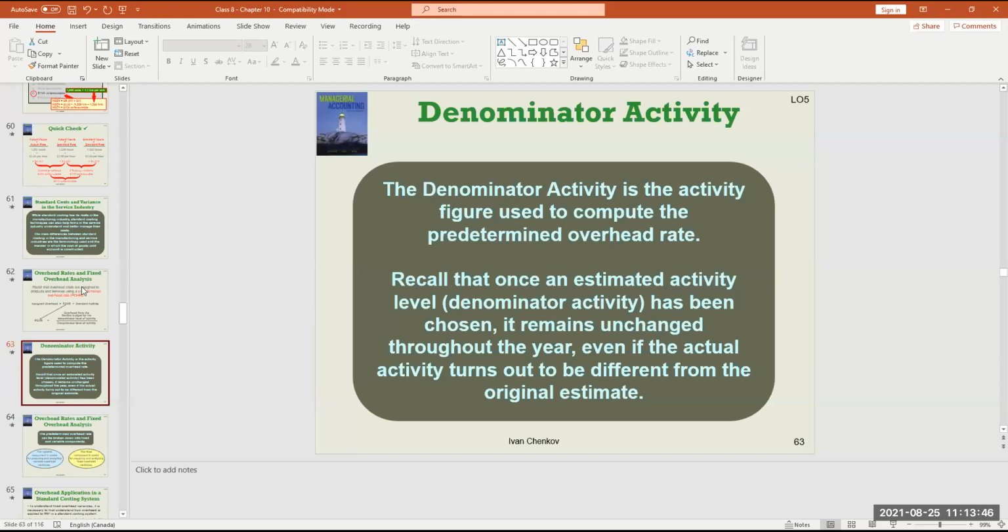The denominator activity, which is the allocation base, is the activity figure used to compute the predetermined manufacturing overhead rate. Once chosen, the estimated or denominator activity level remains unchanged during the period, even if the actual turns out to be different from the original estimate. So we may have cases when we estimated one usage of the allocation base, and in reality, that usage might be different.